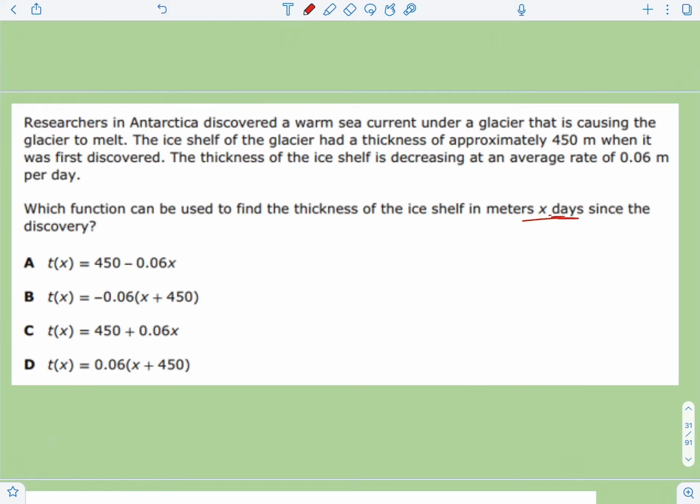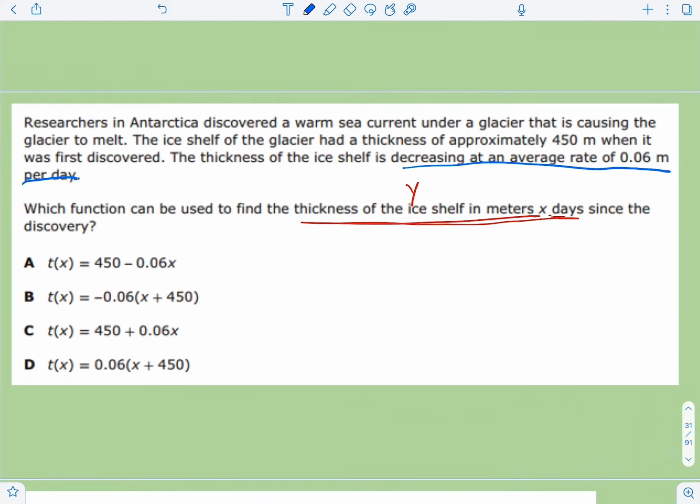X days, so we're looking for the thickness, X days since the discovery. All right, so we want Y. So basically, write a function. It tells us a couple of things that we should note. The thickness of the ice shelf is decreasing at an average rate of 0.06 meters per day, right?